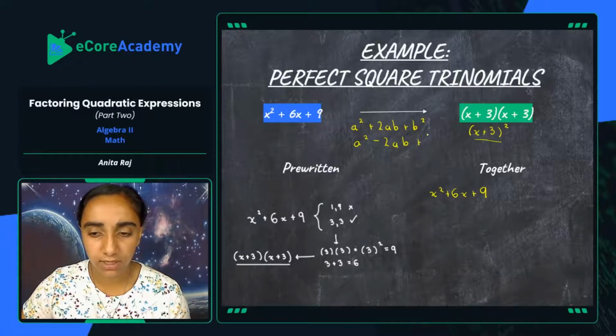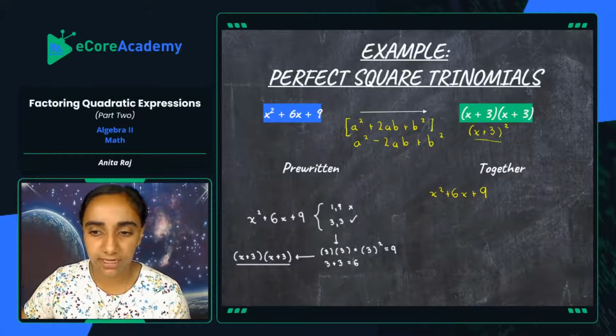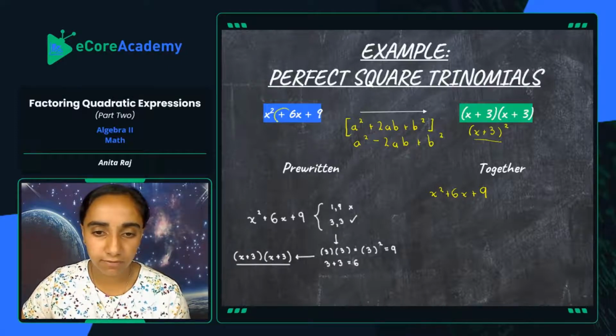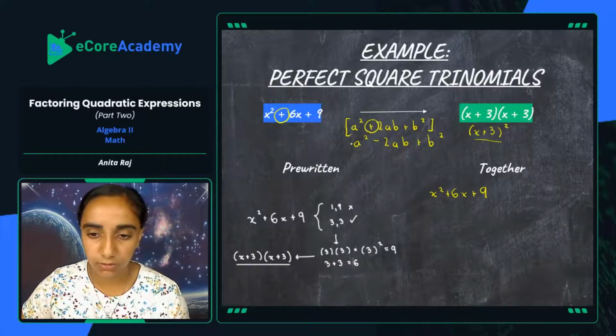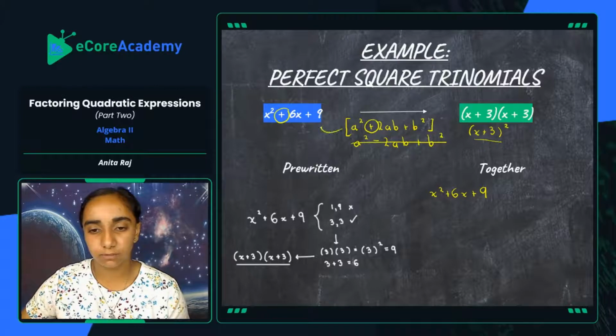In this case, we would be working with the first one, not the second one, because there's a plus sign right here, not a minus sign. So I'm just going to draw a line through that. So this is what we would be working with.